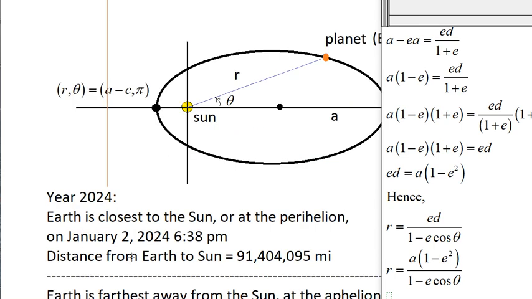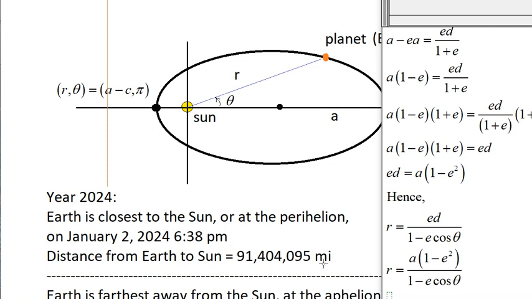So when Earth is closest to the Sun, that's when the planet is right here, so that's when the distance from the Earth to the Sun is 91,404,095 miles. And so A minus C would be this.